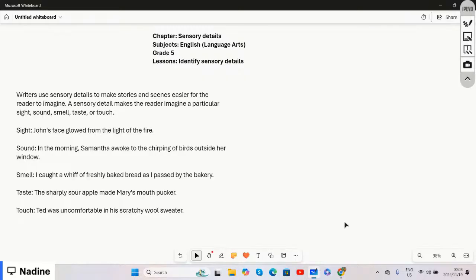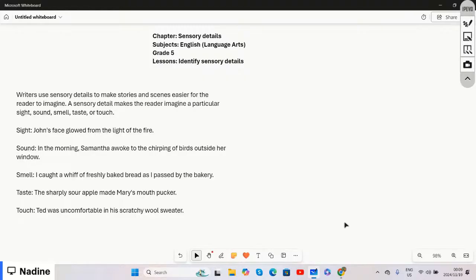And by us making sense of what the writer is trying to tell us, the writer then uses all these sensory details within the story, to make the story or the scenes or the text easier for us as readers to understand and to imagine.